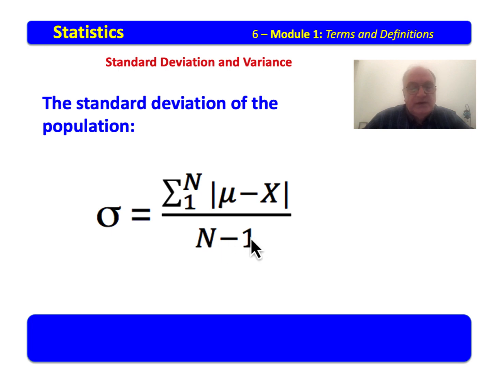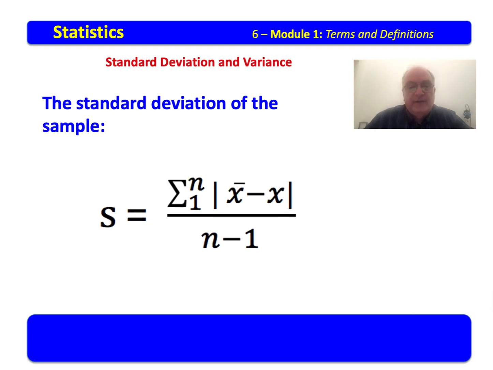N minus 1 is done to help pull it down a little bit and make sure that it doesn't overestimate the standard deviation. So sigma is equal to the sum from 1 to n of all the absolute values of the distance of the data from the mean, absolute value because distance is always positive, divided by n minus 1.